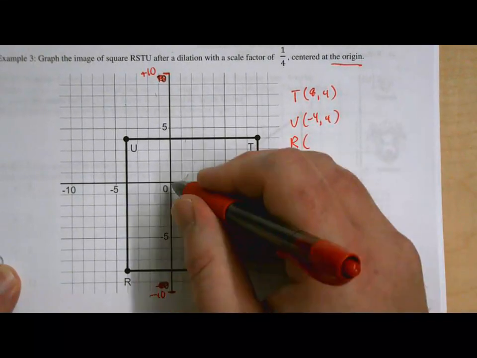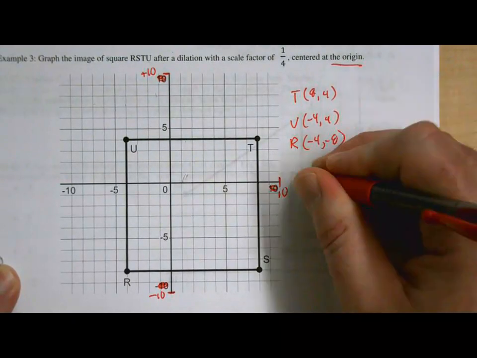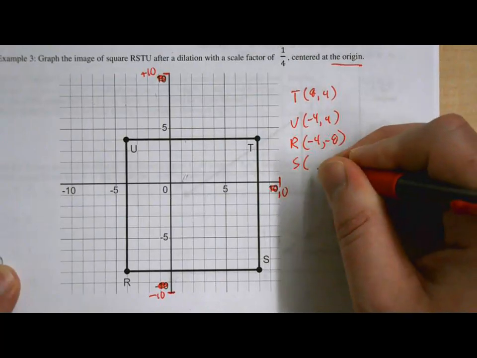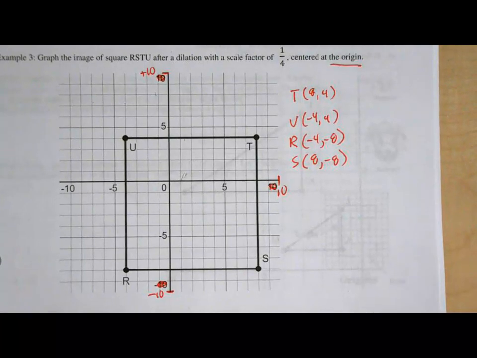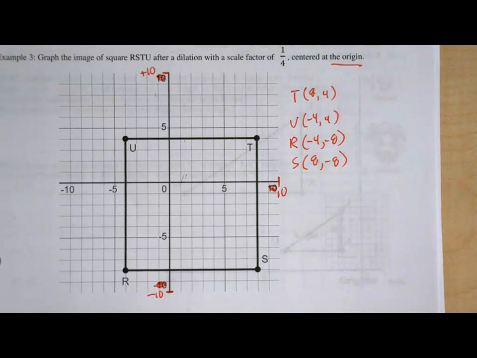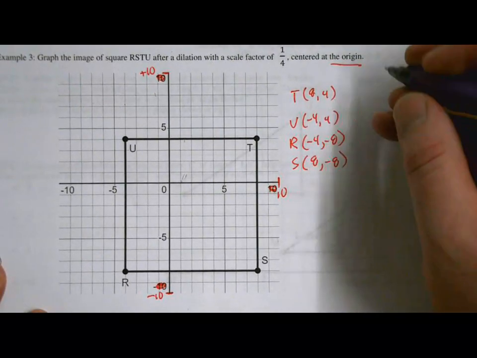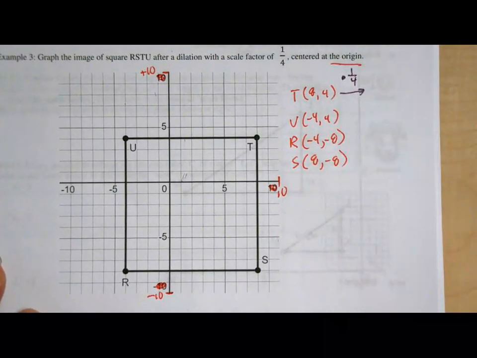R is at negative 4, negative 8. And S is at 8, negative 8. So to dilate by 1/4, we're just going to multiply each of those times 1/4, aka divide by 4.